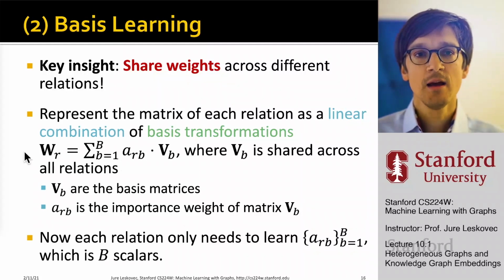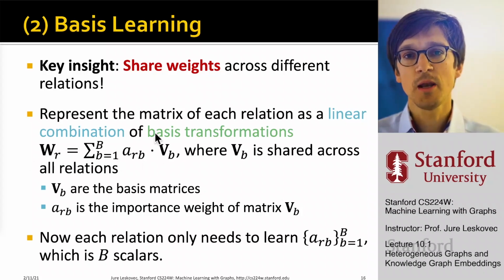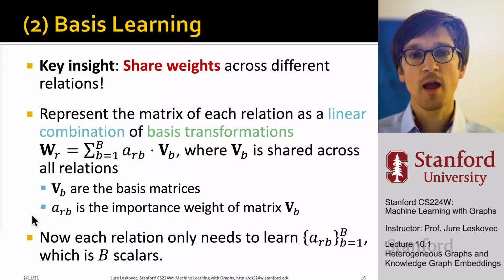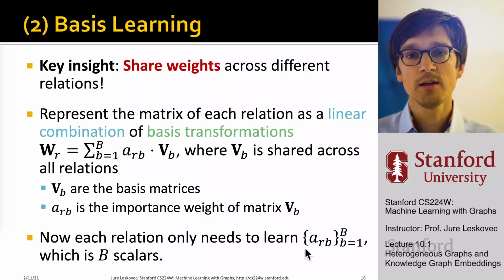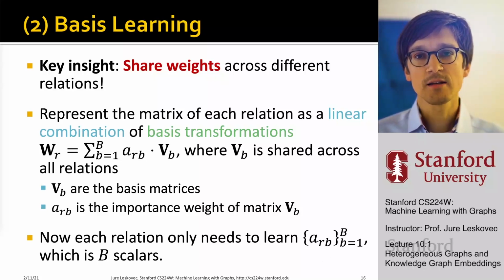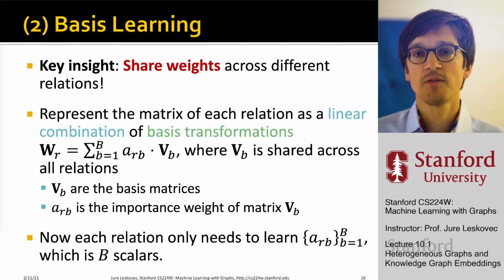So basically I say the transformation matrix for a given relation R is a linear combination of these basis matrices, where the linear combination weights are learned for every relation. This means that every relation only needs to learn these importance weights, which is just capital B scalars, rather than a large number of different transformation matrices.